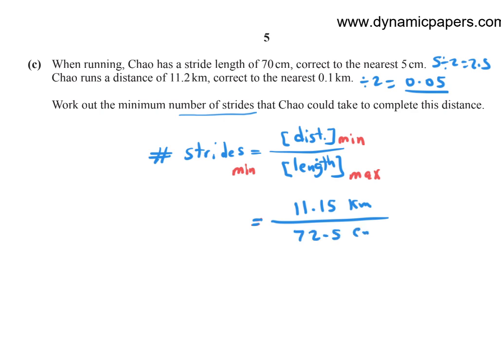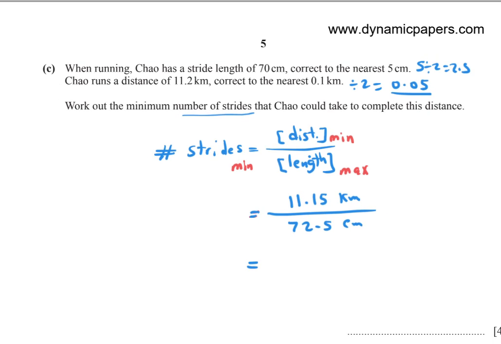So 72.5 centimeter. We cannot divide before we change the unit. We have kilometer and centimeter. We can convert kilometer to centimeter times 100,000. So equals 11.15 and 3 more zeros divided by 72.5.